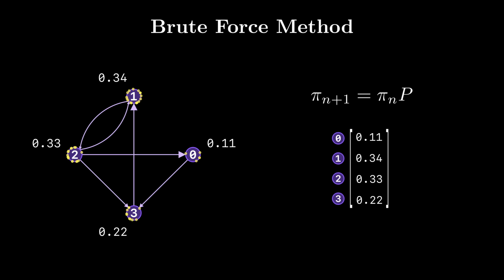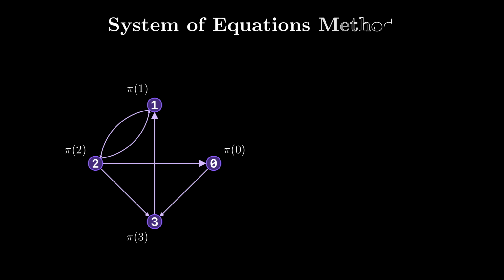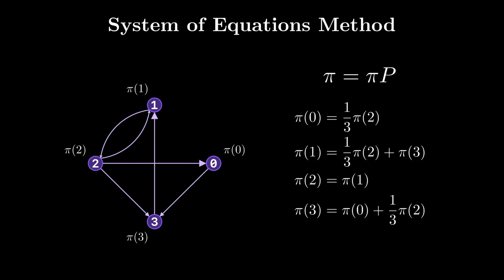The second way to solve for a stationary distribution is to utilize the definition directly. When we expand the definition, it features a system of equations, and if we can solve it, we have a stationary distribution. But there's one problem. If you try solving the system of equations, you will find that it's actually unsolvable.